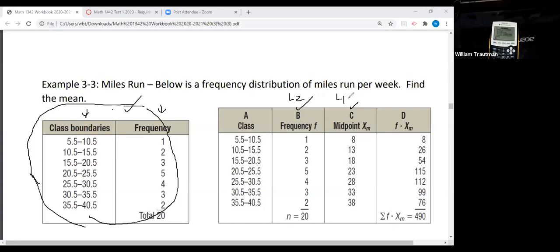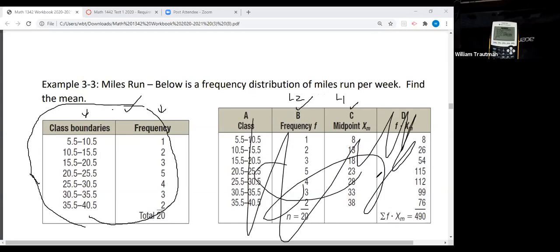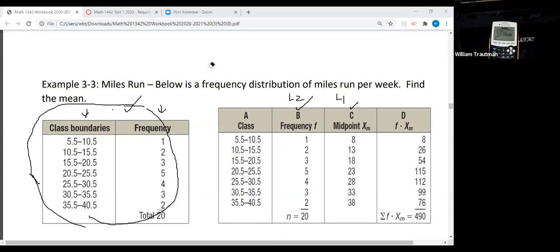Let's pretend we don't see this. We have to find the midpoint of each of these groups. To find the midpoint of class boundaries, if you remember, we already wrote that formula down.